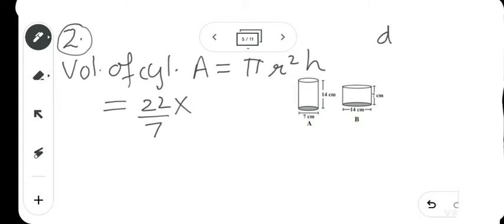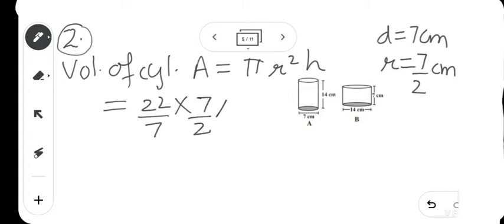So you know when diameter is 7 cm, radius is half of it. So we can write radius as 7/2 cm. So here we write radius 7/2 into 7/2, 2 times because it's r square. Then height is 14, so we can write here 14.